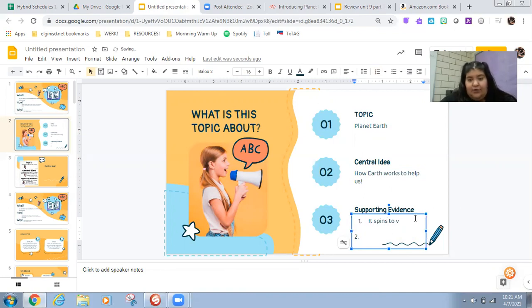It spins to give us night and day. That is 1. Now I want you to write one more detail from the book that earth helps us. What does it do? I said it spins to give us night and day. And then what else does it do?